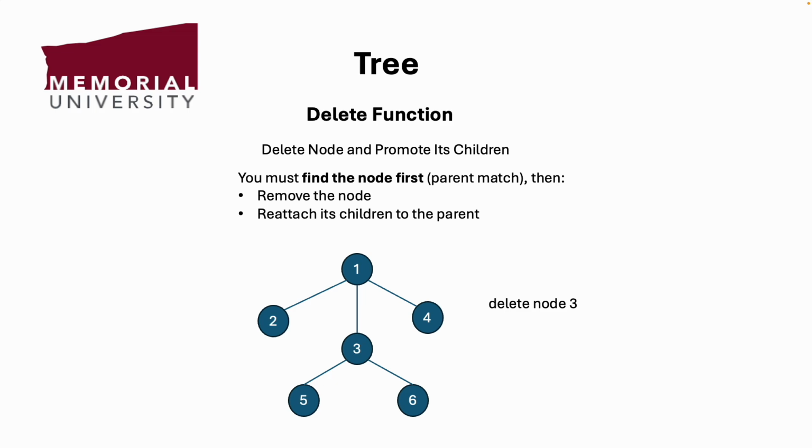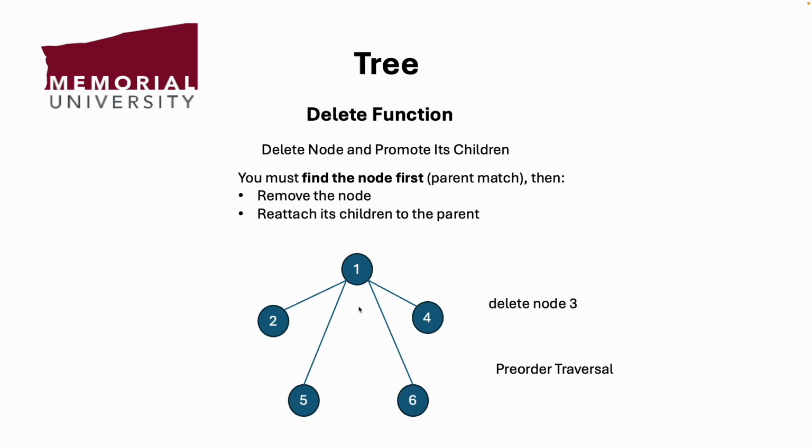For the logic we applied, first we need to link 5 to its grandparent 1, and the same applies for node 6, linking up to the grandparent 1, and then we're able to delink between 1 and 3, and then remove node 3. That's how the logic works.